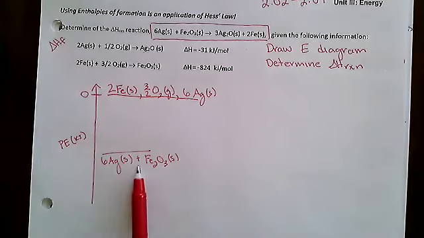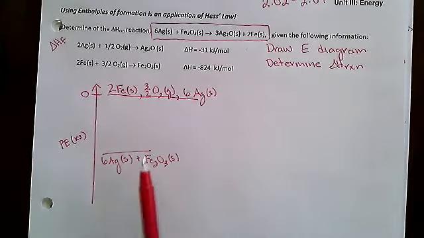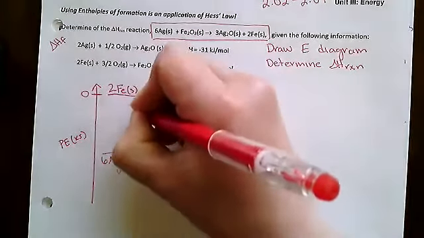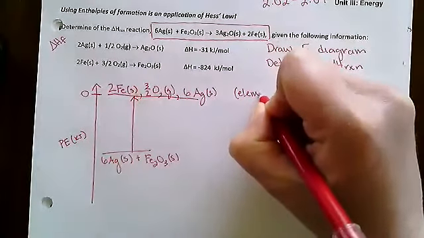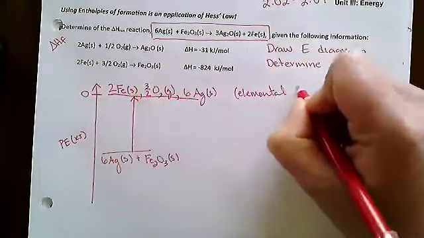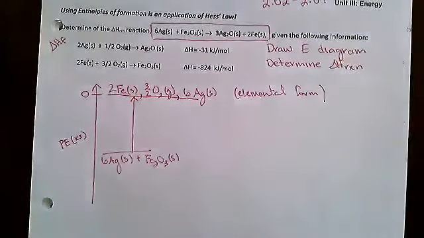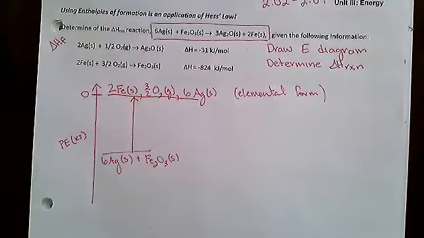And then your next step is going to always be to go from your reactants up to the elemental form. And you have to make sure you're balancing along the way.